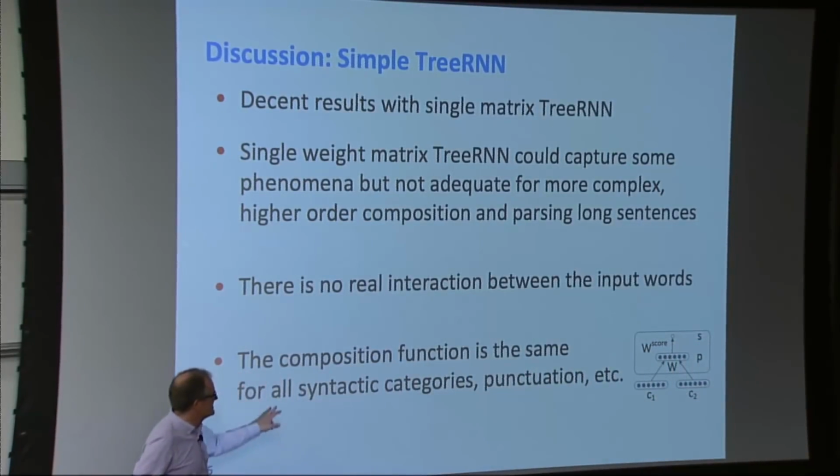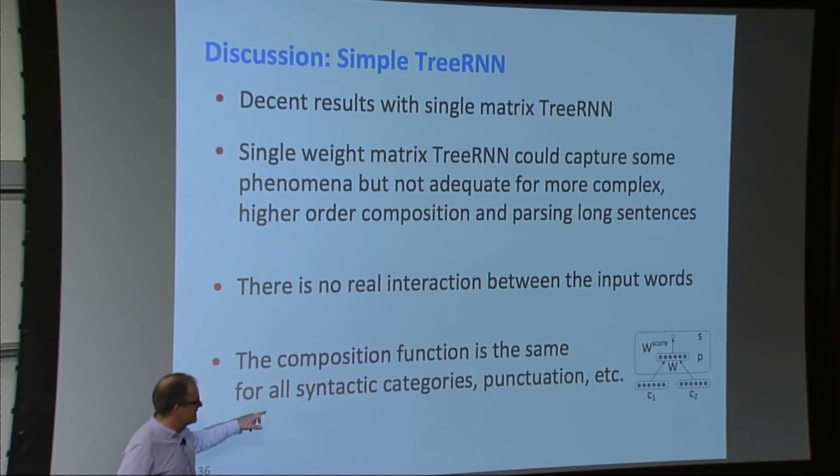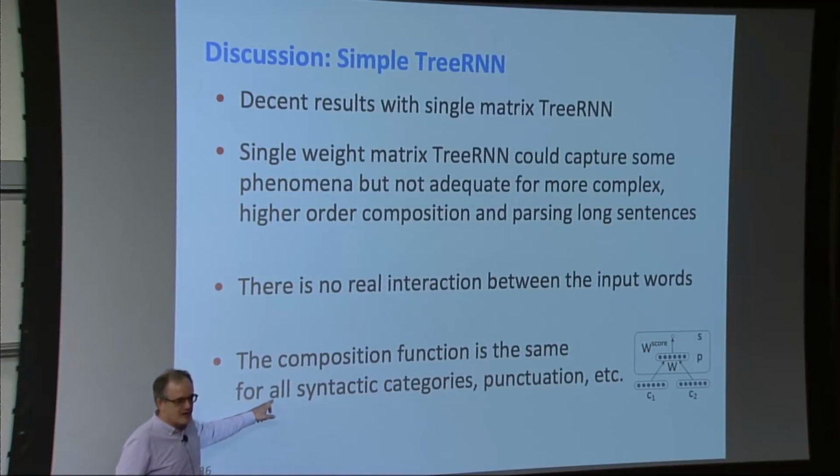The other way in which this seemed too simple is that in the first model, we had just one weight matrix, which we used for everything. If you're a linguist thinking about the structure of language, you might think, wait a minute, sometimes you're putting together a verb and an object noun phrase, hit the ball. Sometimes an article and a noun, a ball.